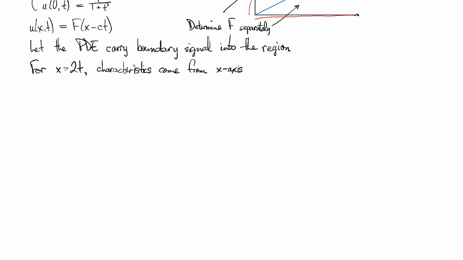So if we look at stuff in this region here, these characteristics, and maybe I'll make these some other color since they're not leading, they all have their origination point somewhere here on the x-axis.